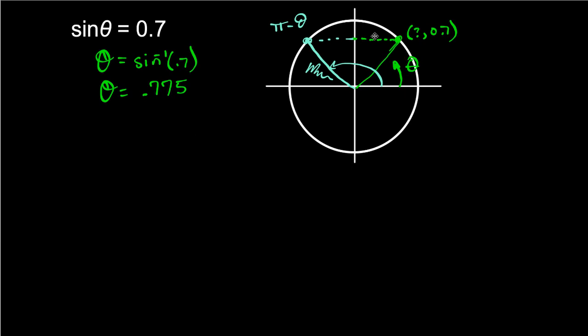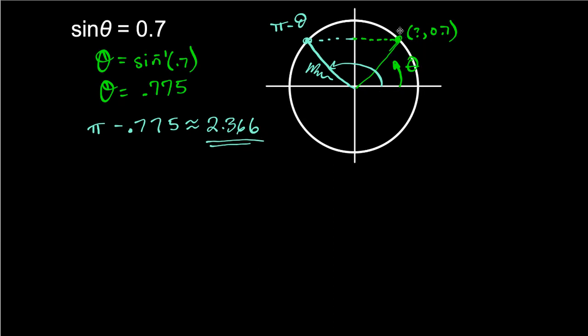So this second answer over here is pi minus 0.775. That'd be the next positive angle that's closest to 0.775. And for that one, we get 2.366.